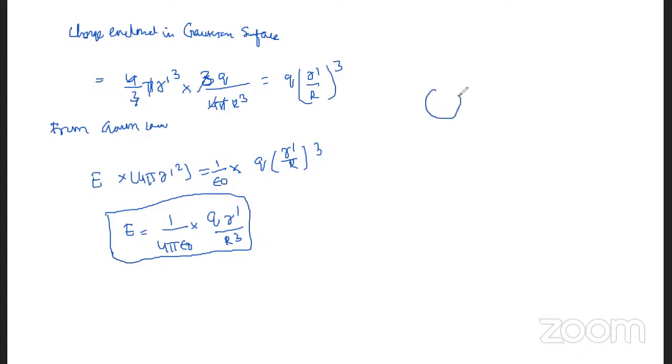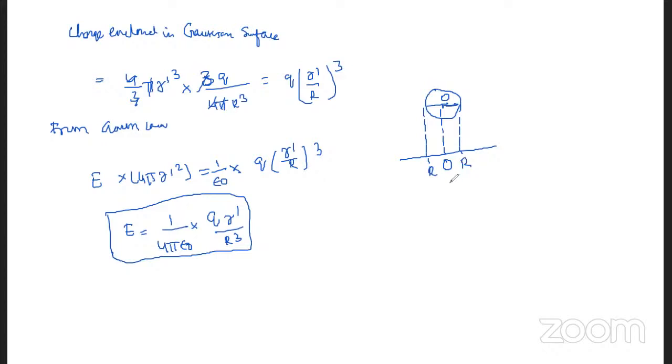Here, this is the charge. If you take a charged sphere, the center of this charged sphere is O, and this is the radius r.